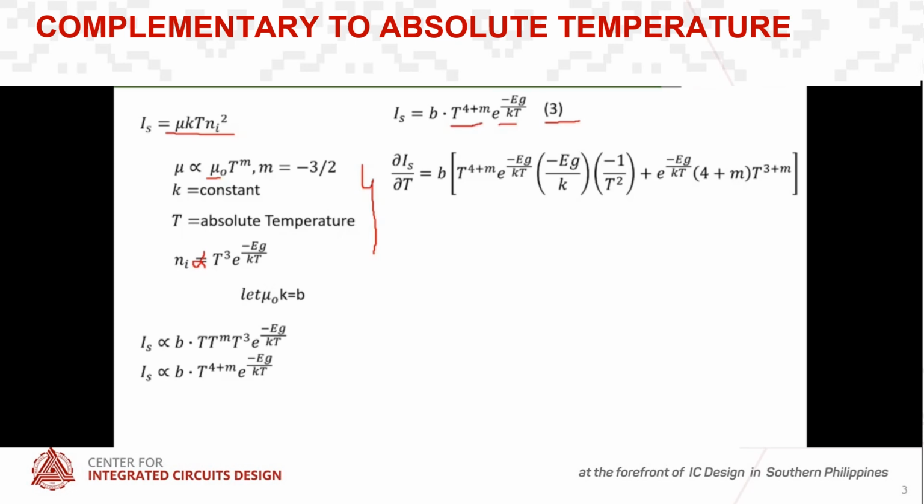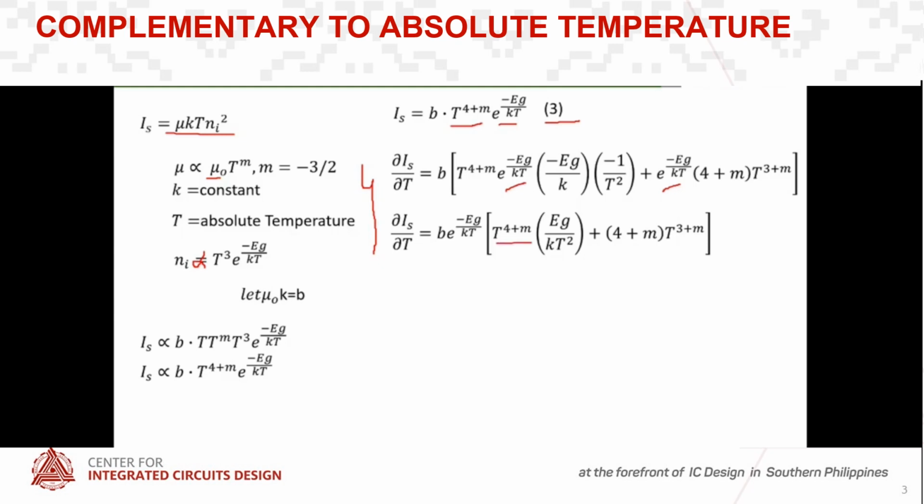As you can see, we have common terms here, the e raised to negative Eg over kT, so we can put that outside. So we have b e raised to negative Eg over kT times T raised to 4 plus m times Eg over kT squared plus 4 plus m times T raised to the power of 3 plus m. Another common term that we can put outside is T to the 4 plus m.